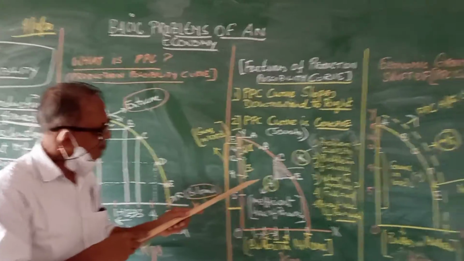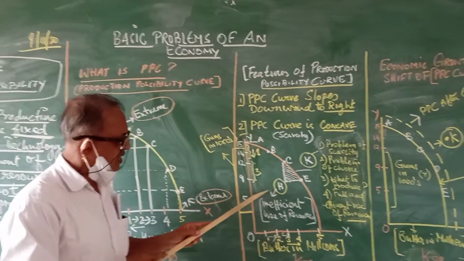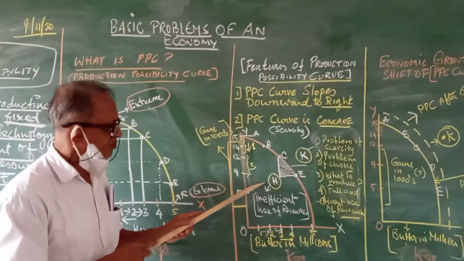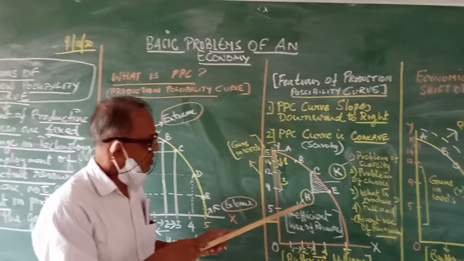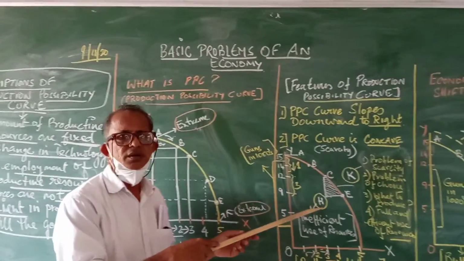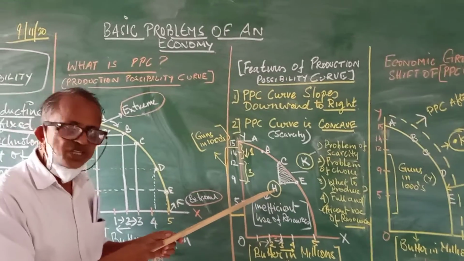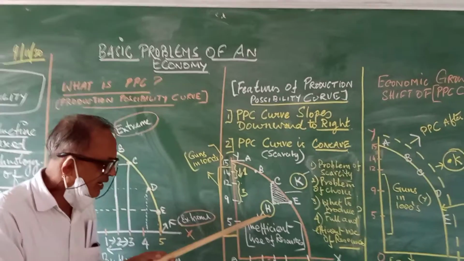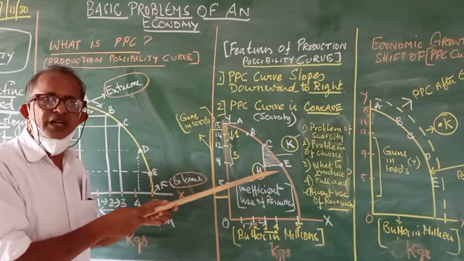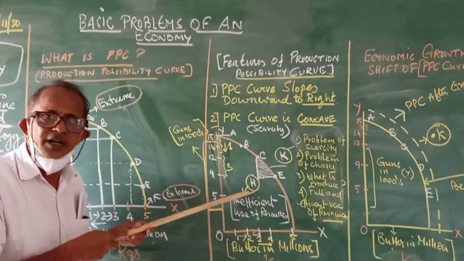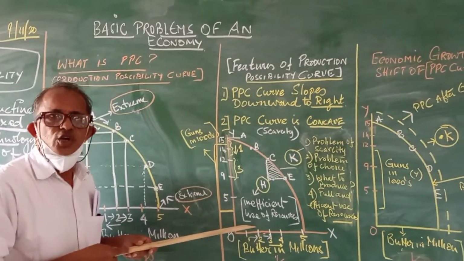And inside the curve there's a plotting called H. What does this plotting called H indicate? It indicates that resources are available, but these resources are underused, not efficiently used.